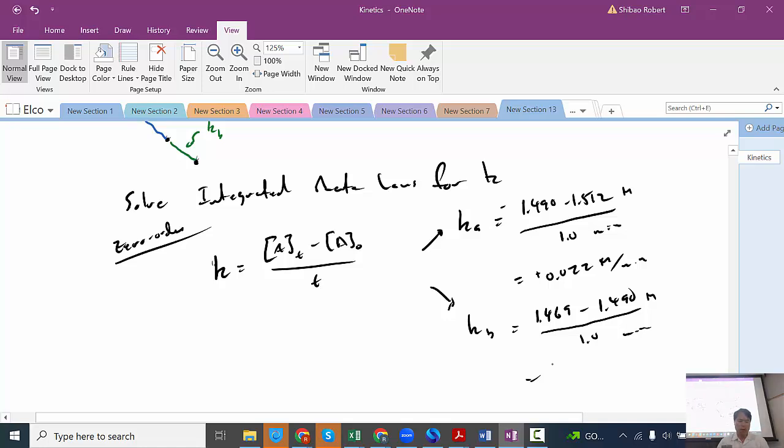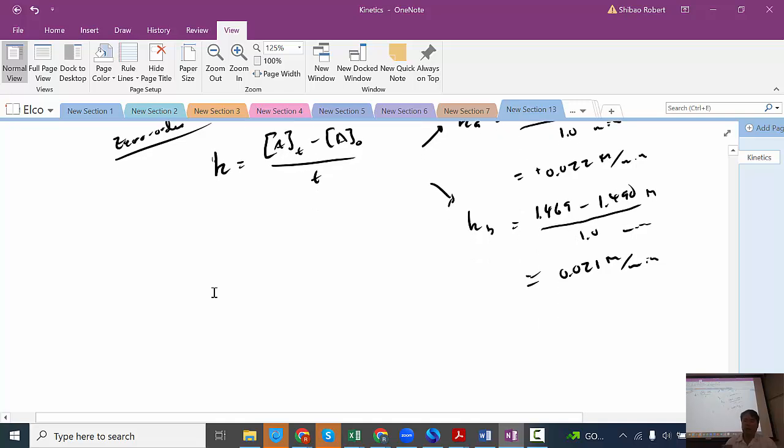And so 1.469 minus 1.49, 0.021. Now these look very close, but we need to calculate the percent difference between these because it's all kind of relative.